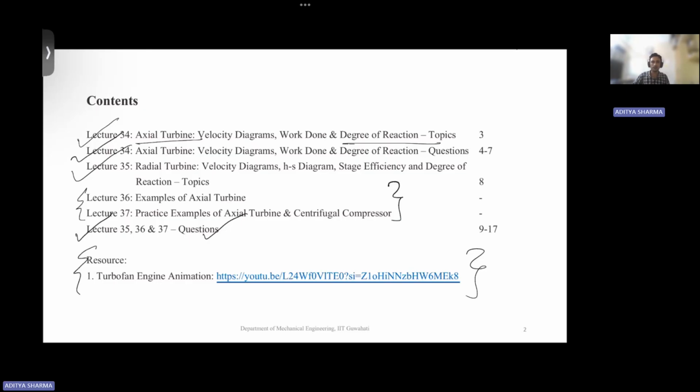It becomes very important that we are able to visualize how the things are happening, how the blades are moving, how the flow is moving. Only then will we be able to understand the velocity diagrams and how different velocities are behaving. What is the relative velocity? What is absolute velocity? What is blade velocity? These things should be very, very clear to us.